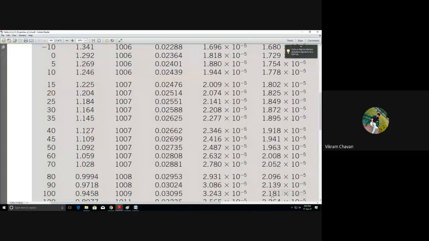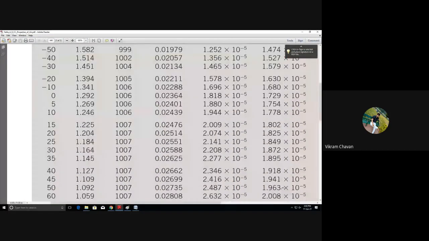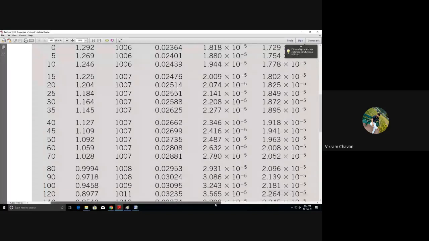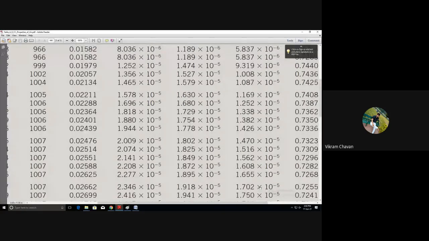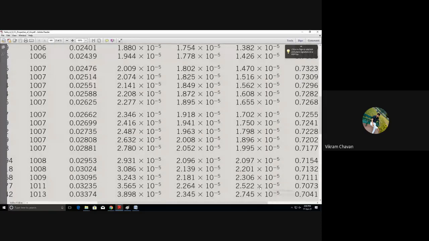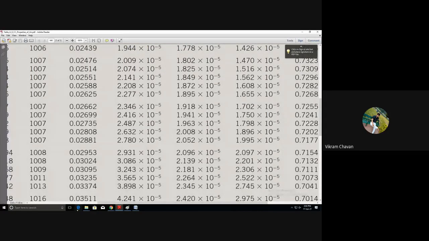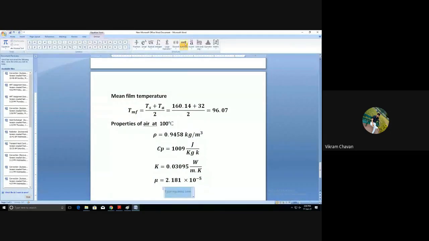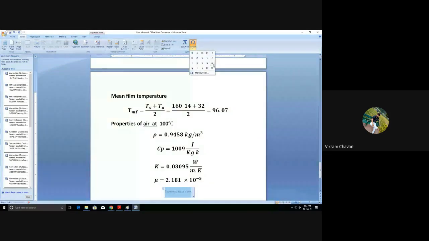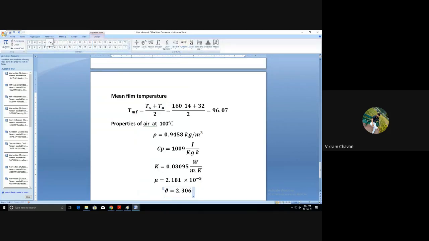Now it is right. 2.181. Next is kinematic viscosity, I think so. 2.306 into 10 raised to minus 5.